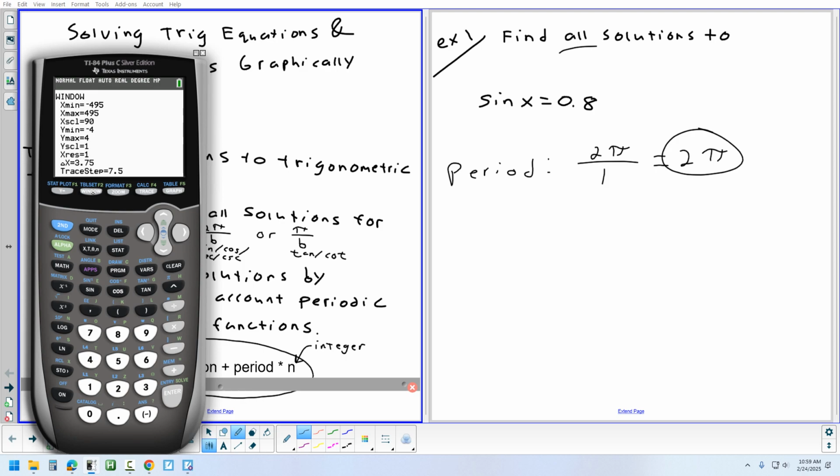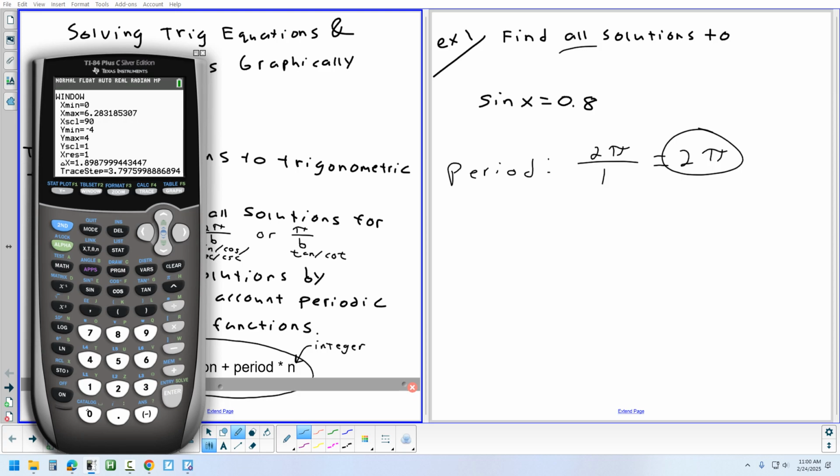What's the simplest way to get a window that's 2 pi units wide? We're going to do it in radians. So what would I want to set for my window? 2 pi for the X max. And what about for the min? 0. If you do 0 to 2 pi, that will give you a window of the period.